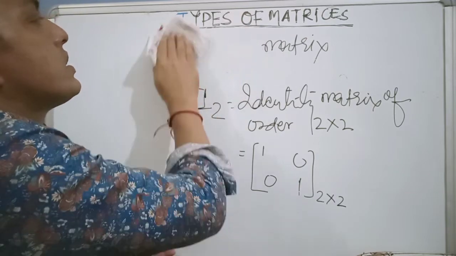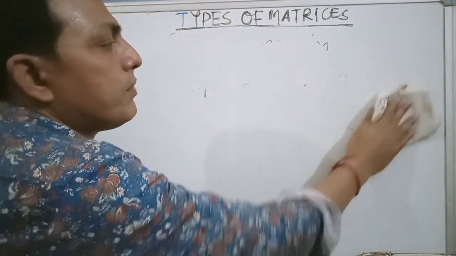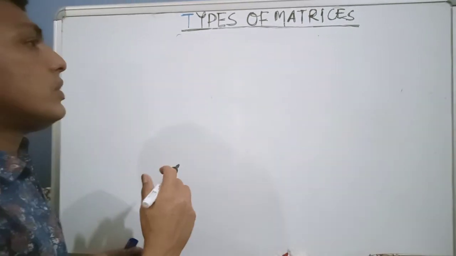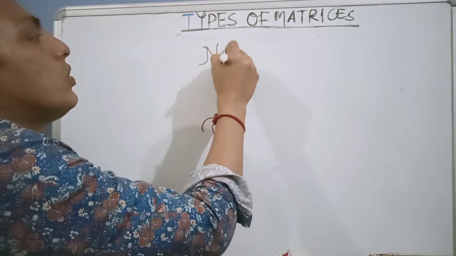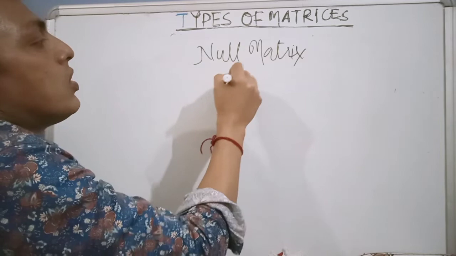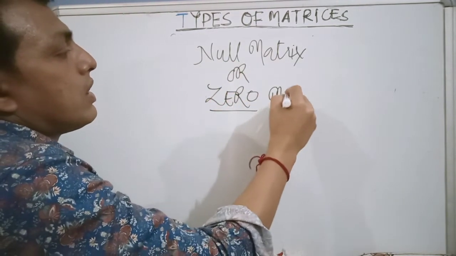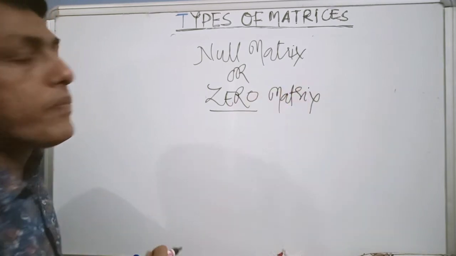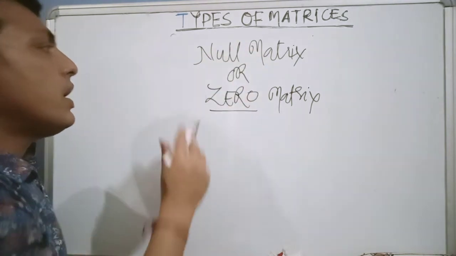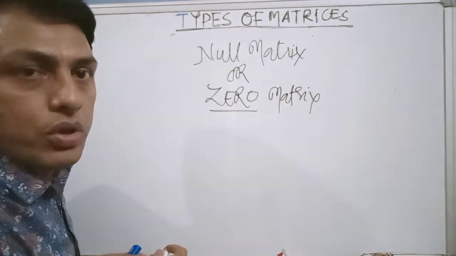Now, null matrix or zero matrix. Need not explain it more. The symbol is very simple. A matrix whose all elements are zero is called a null matrix.